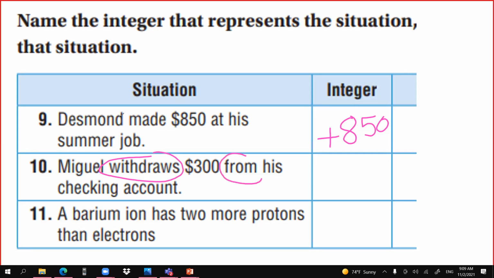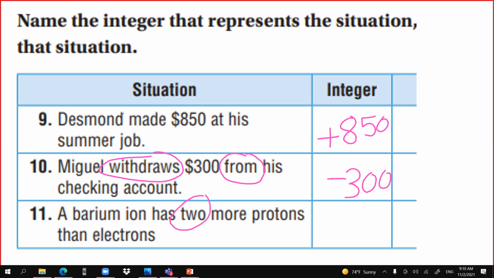See, withdraws from, and he took money. So it will be negative 300. Yeah, negative 300.